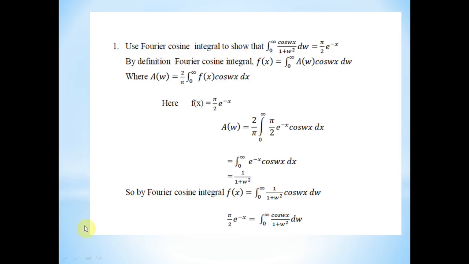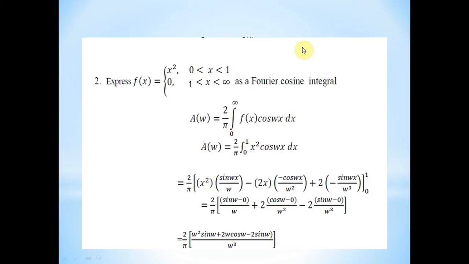So by the Fourier cosine integral, f of x is equal to integral 0 to infinity, where a of omega is replaced by 1 by 1 plus omega square, into cos omega x d omega, so that f of x becomes pi by 2 e raised to minus x, which is equal to integral 0 to infinity cos omega x by 1 plus omega square d omega, and which is the required result.